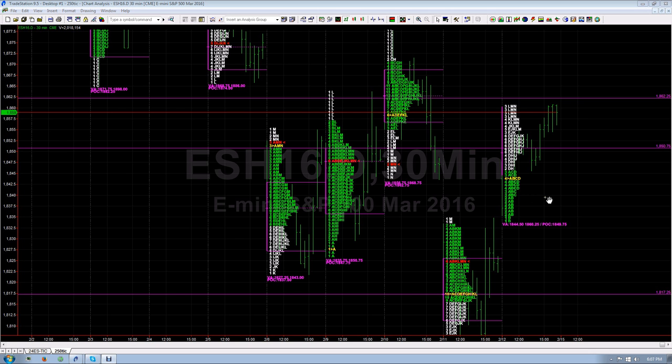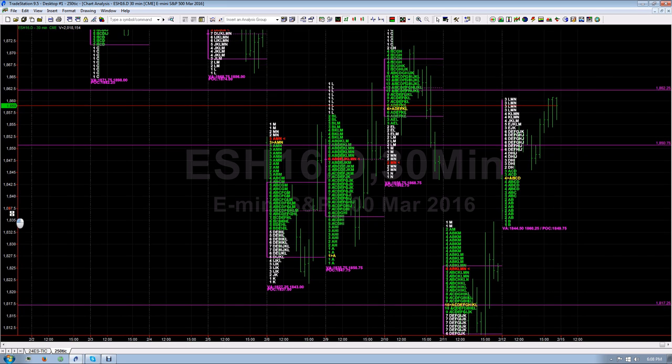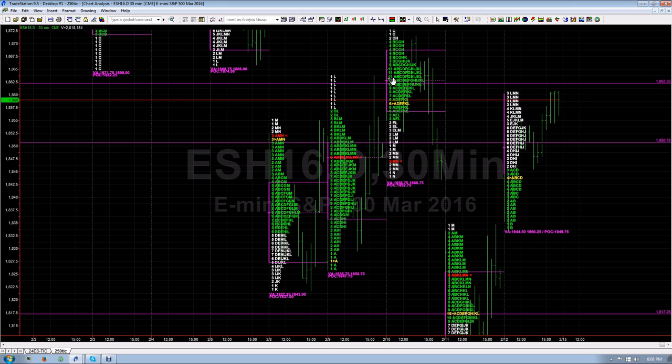So as the market progresses through the day, it's going to cross the price the most amount of times, and that's going to be called the point of control. So in an example here, you can see this point of control was 62.75, and it had 12 TPOs, meaning price crossed through that price 12 times.